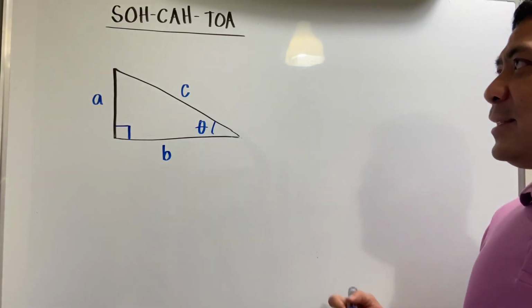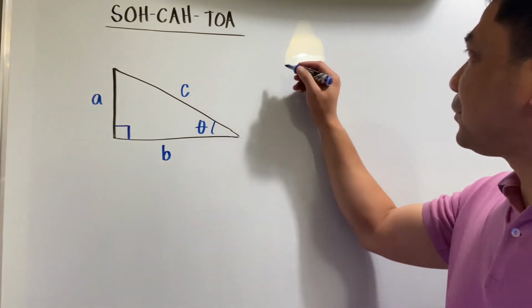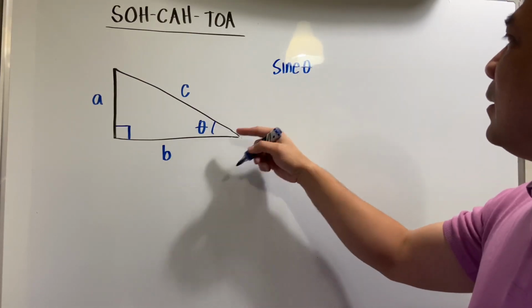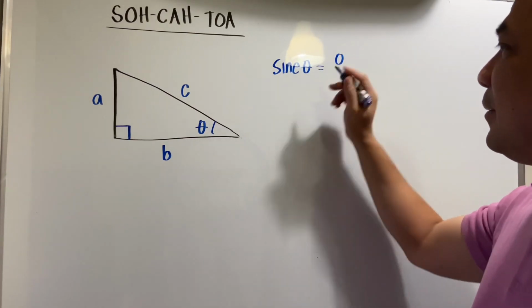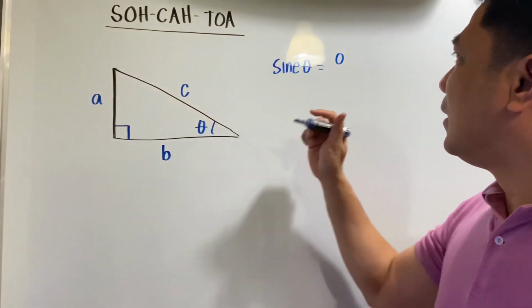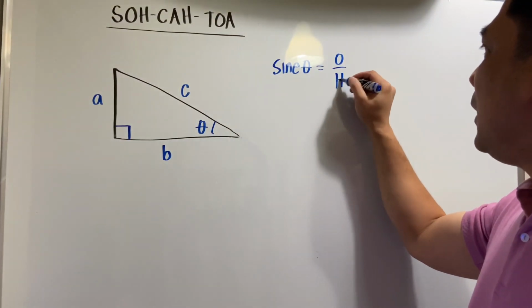SOH means sine theta is equal to opposite over hypotenuse.